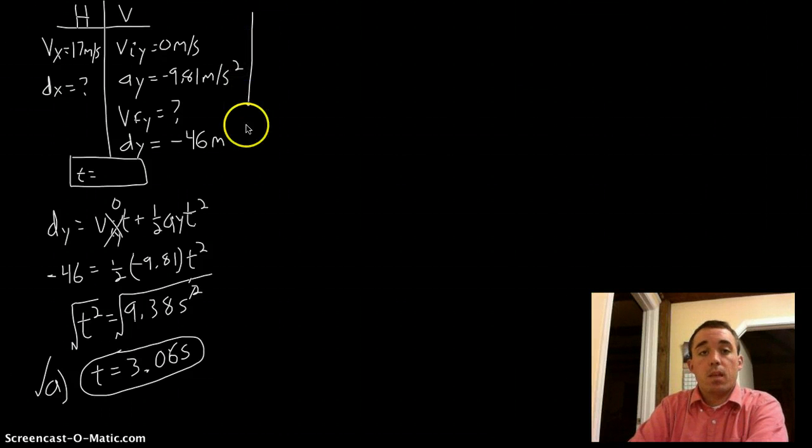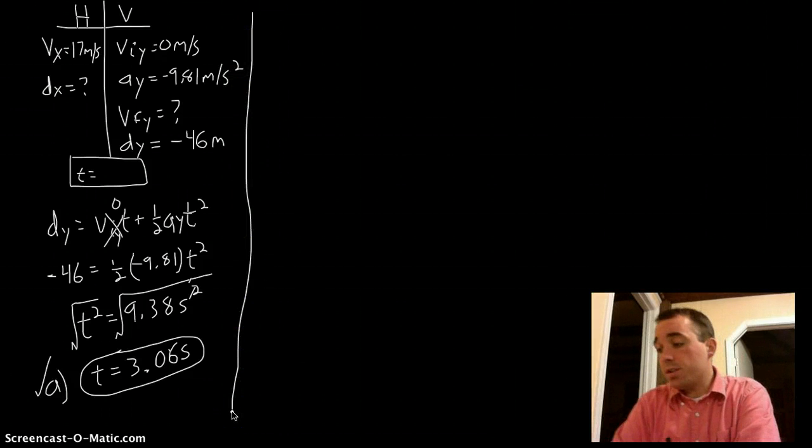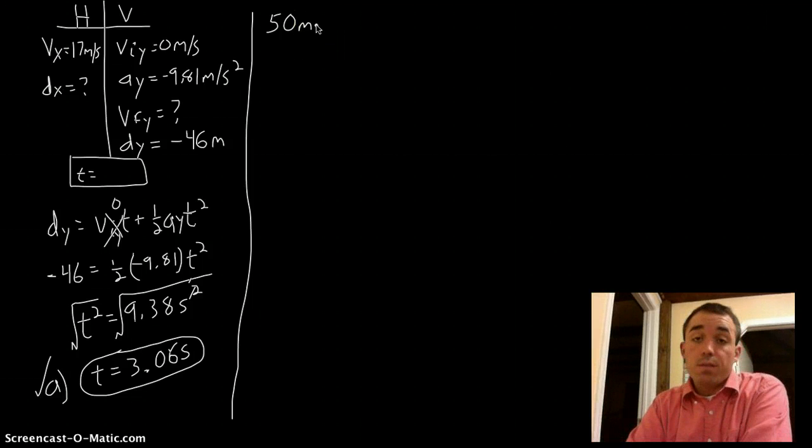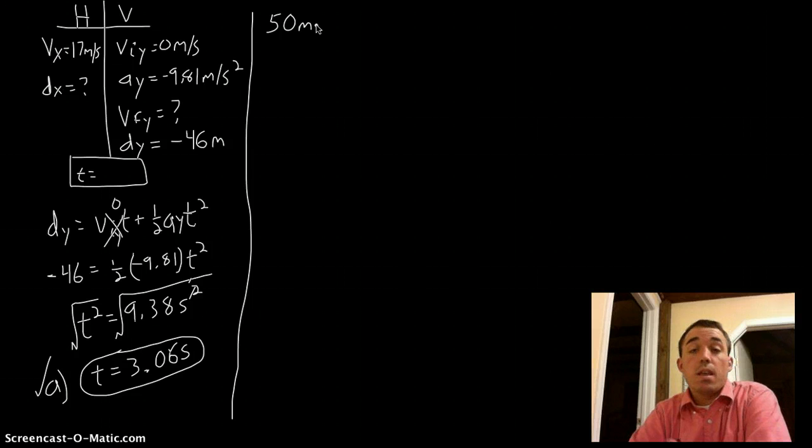Part B. Still using all the same information. We're looking to see if our DX is greater than 50 meters. If it's greater than 50 meters, the chicken will clear the road. If not, the chicken lands in the road and bad things might happen.